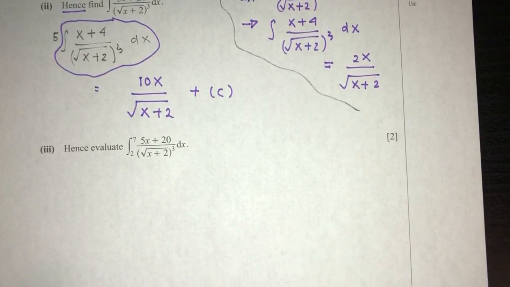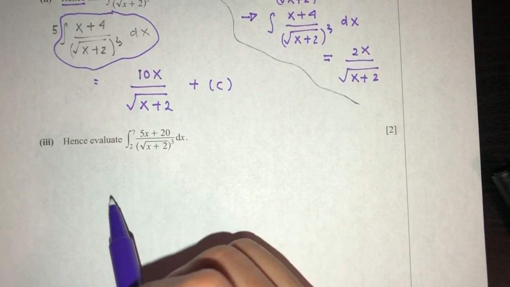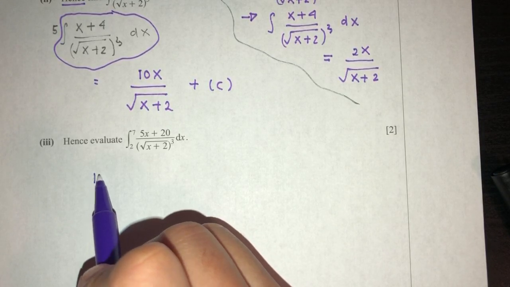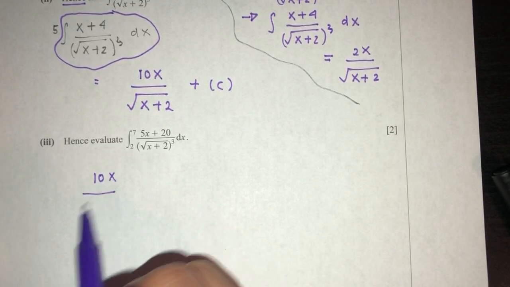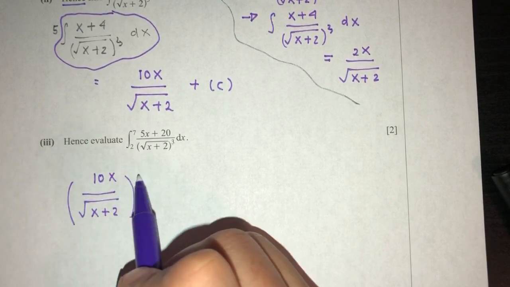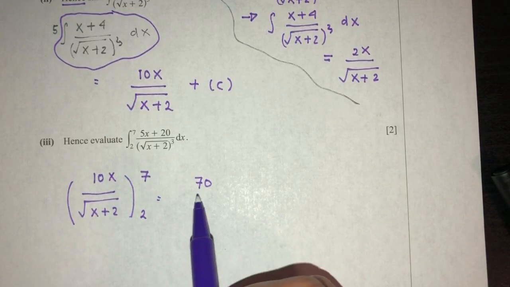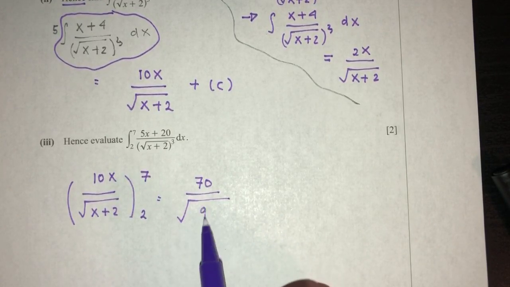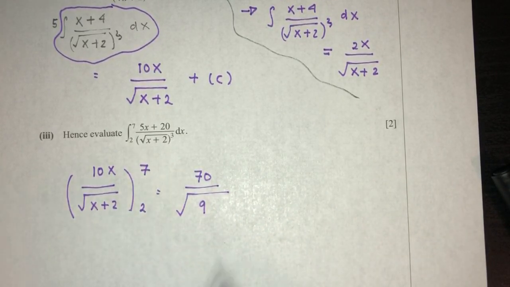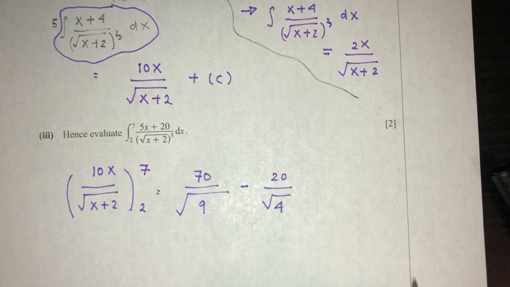Hence, evaluate this integration. So we just have to replace the values in the fraction. So that will be 10x over root x plus 2 between the values of 7 and 2. That will be 70 over 9, right? 7 plus 2 is 9, minus 20 over root of 4.